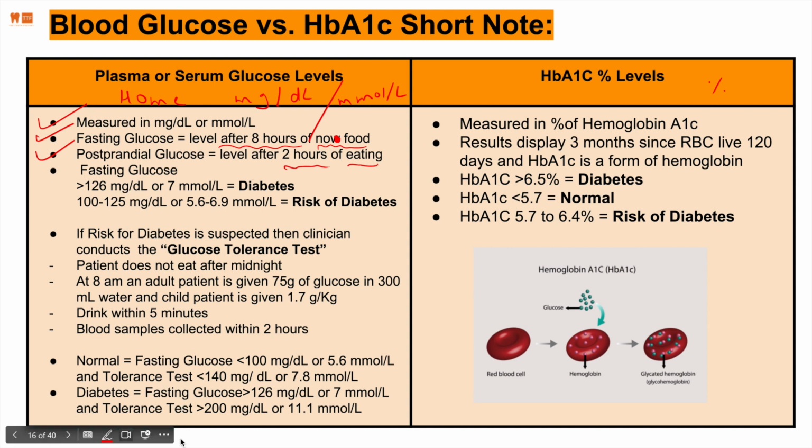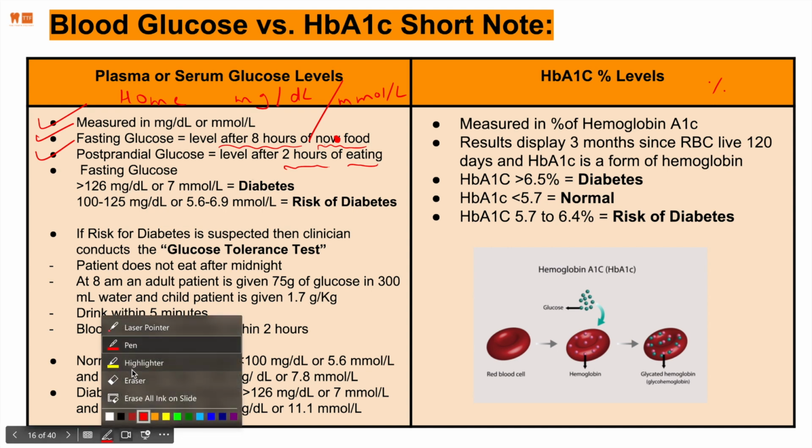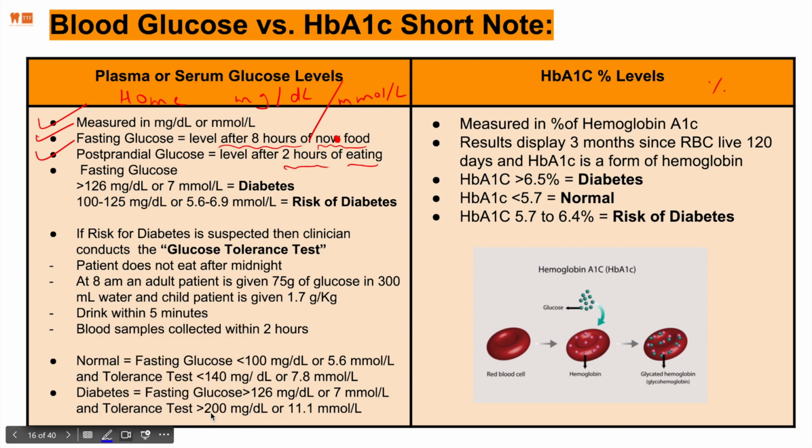So remember those two, because those two will tell us what type of readings to keep an eye out for. In fasting glucose, less than 126 milligram per deciliter should be good, but more than 126 milligram per deciliter or more than 7 millimoles per liter is considered diabetic.